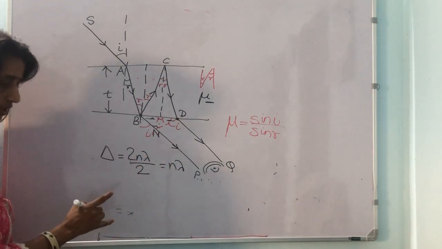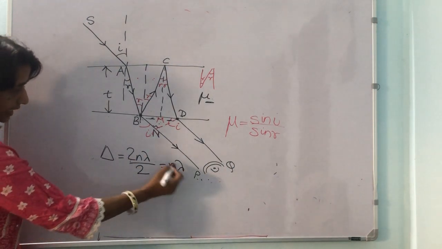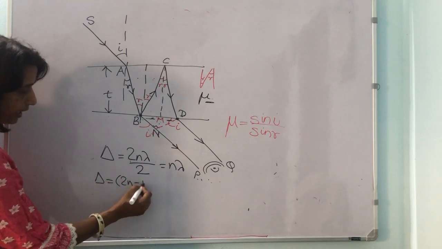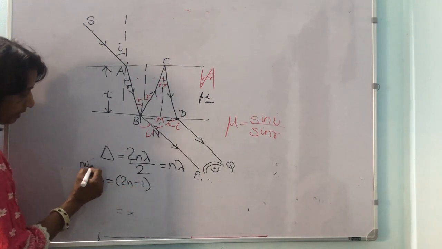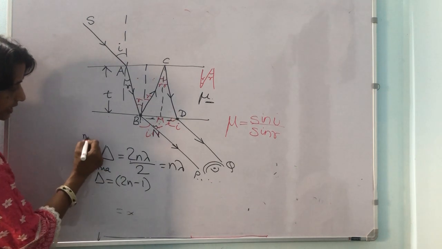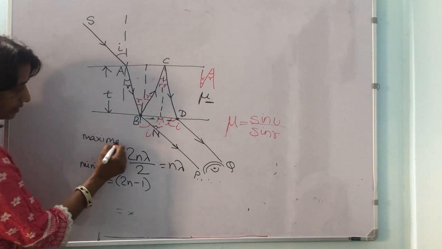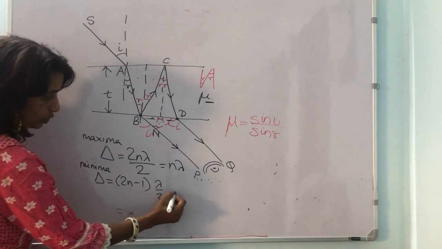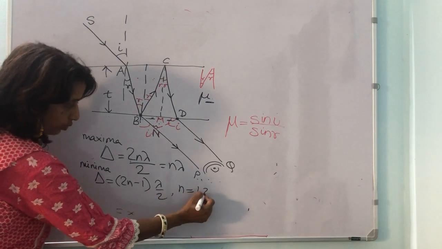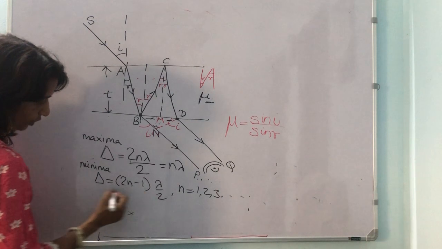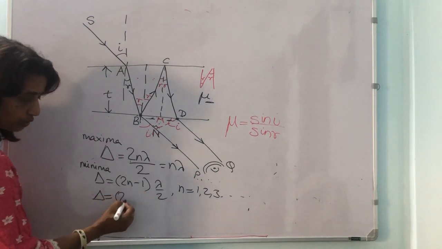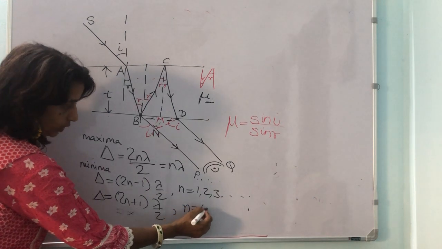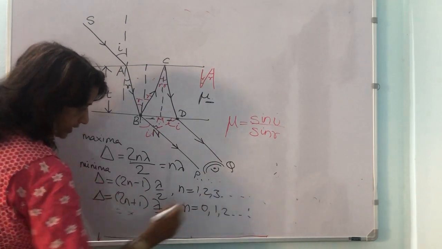This is maxima. For destructive interference, del is 2n minus 1 into lambda by 2, where n is 1, 2, 3. This is minima. Be careful of that. And del is equal to 2n plus 1 lambda by 2, where n is equal to 0, 1, 2, 3, etc.